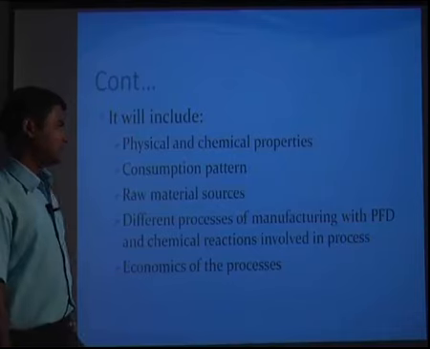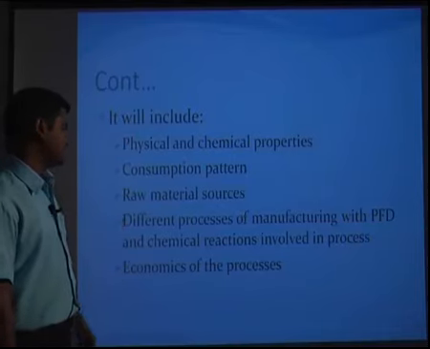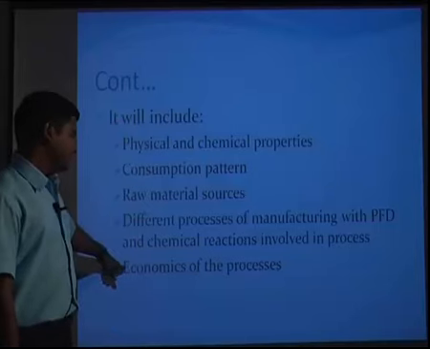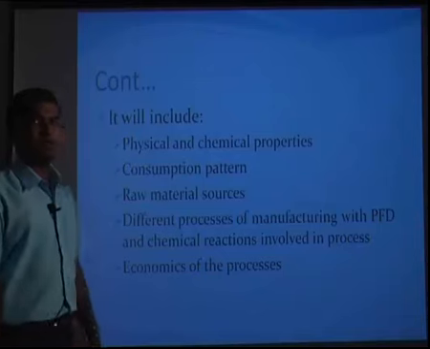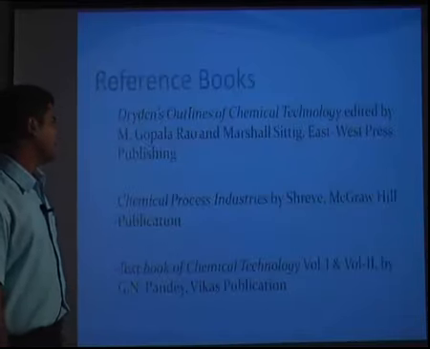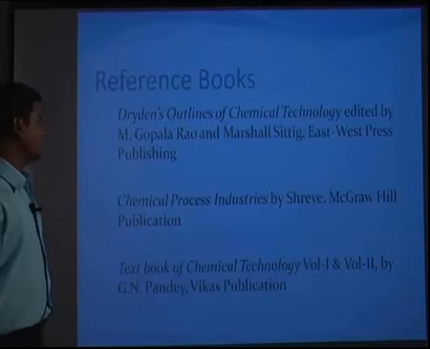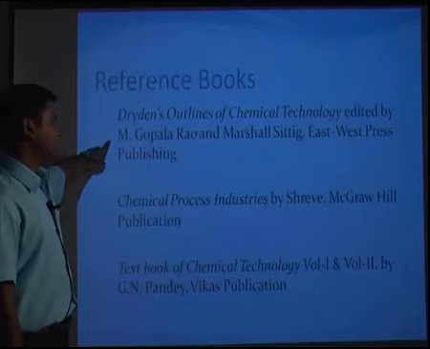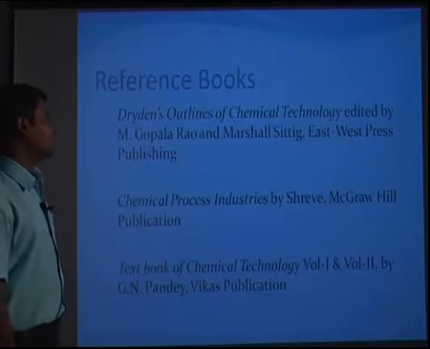As far as chemical technology is concerned, we will go for only the PFD and the different processes. And the most important part of any process is the economics, so we will discuss the economics in brief for that particular industry. There are many reference books for this course, but mainly we will deal with Dryden's Outlines of Chemical Technology by Gopala Rao and Marshall Sittig.